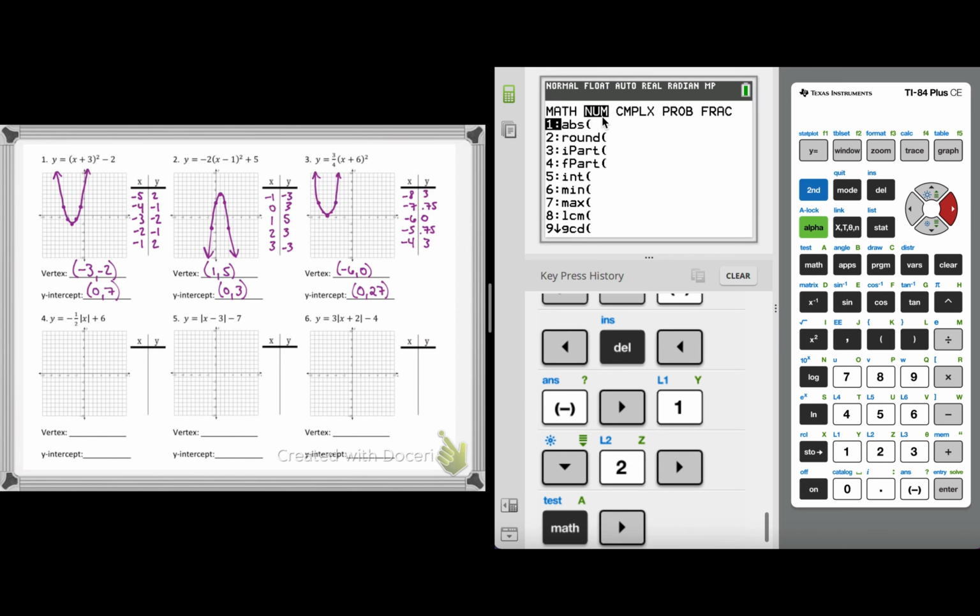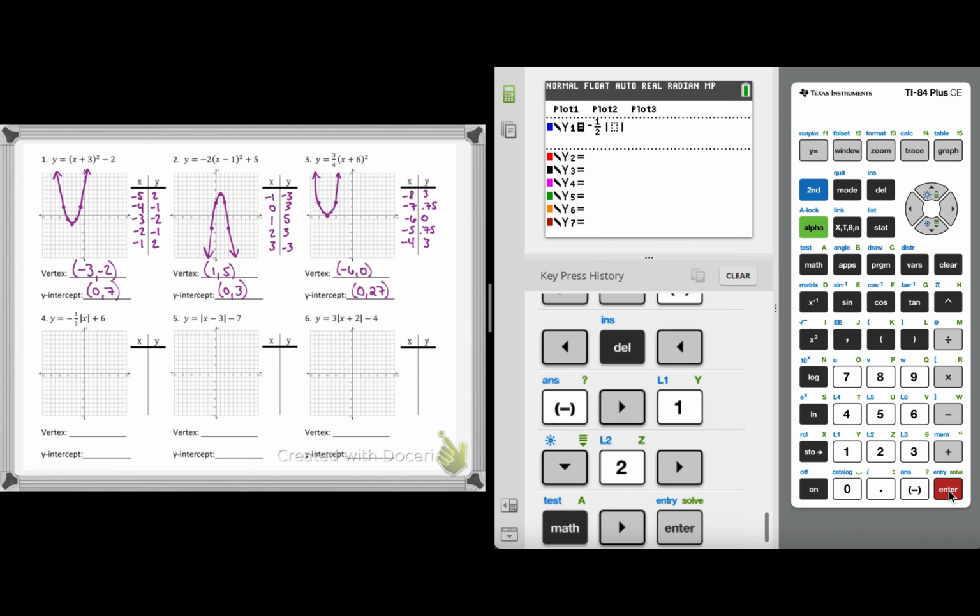On an updated 84, you'll actually physically see the bars. If it's an 83, it's going to say ABS with a parentheses after it. That might look a little confusing because if it's absolute value, why is that parentheses? It's an older calculator. That's how it knows to still do absolute value even though parentheses are involved. So whatever's in the bars, I'll stick in between.